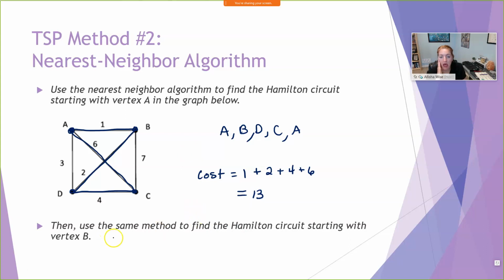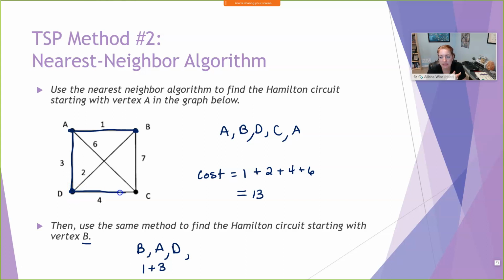Now we're going to see if it makes a difference which vertex you start with, your reference point. Let's start with B instead. If I look here, I'll want to go to A next, right? That's the cheapest. Cool, we're still going to A. But now, should we go to C or D? Looks like we should go to D, so that's 3.